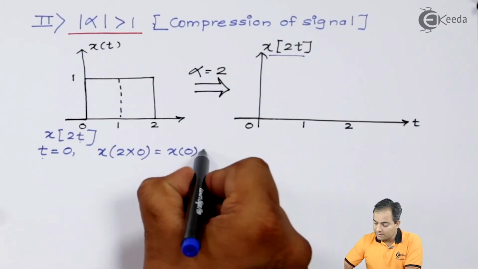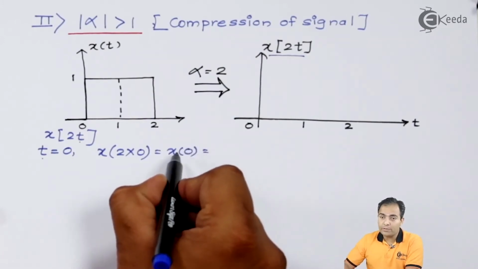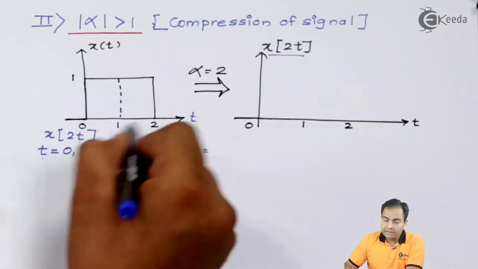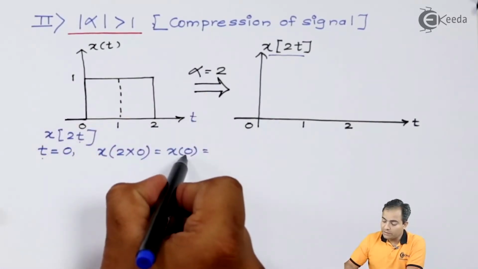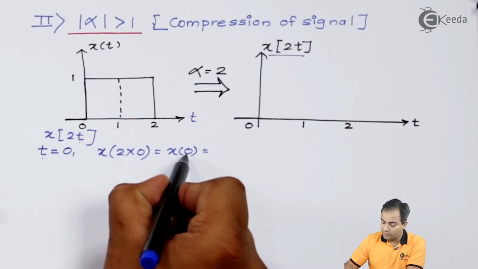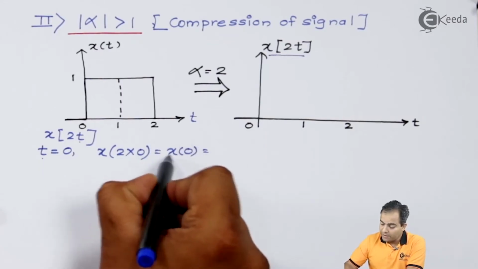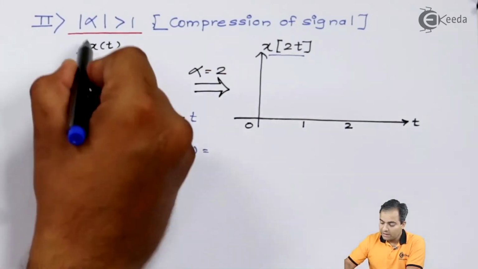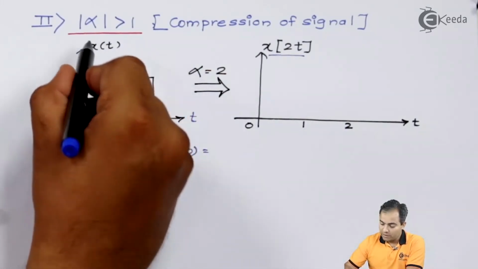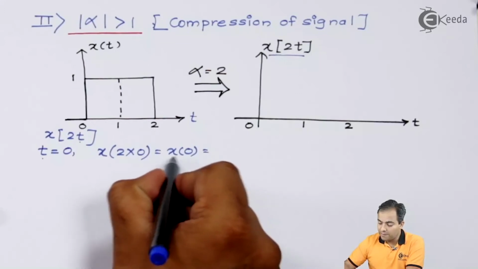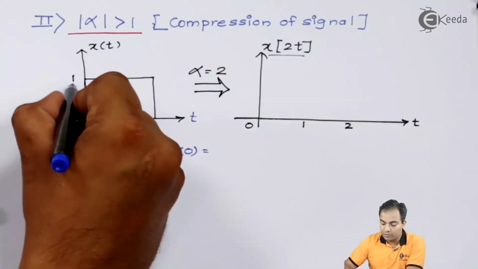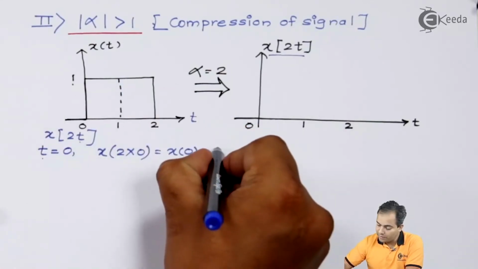Now just find out the amplitude at x of 0 in the given graph. In the given graph, x of 0 means what? This is the place of time. So at t equals 0, this function has amplitude 1. This is the t, this is the x of t. In this graph, we have to find out the amplitude at t equals 0. So at t equals 0, this x of t has amplitude 1.